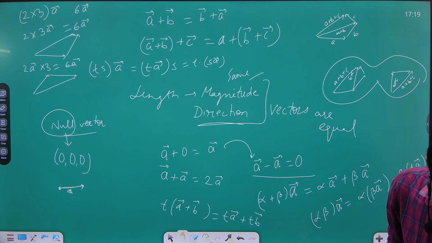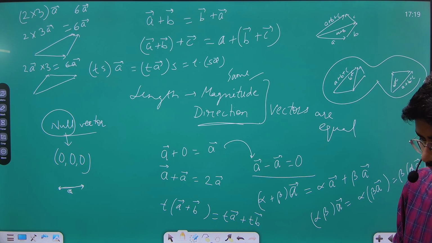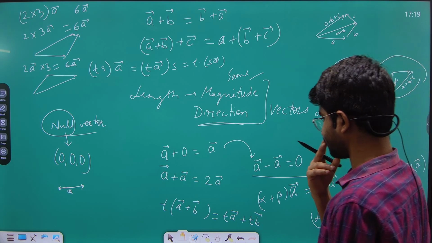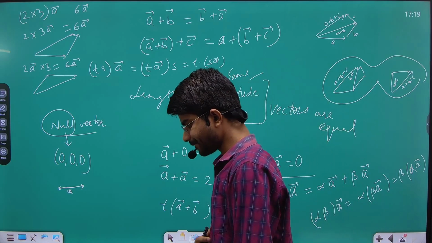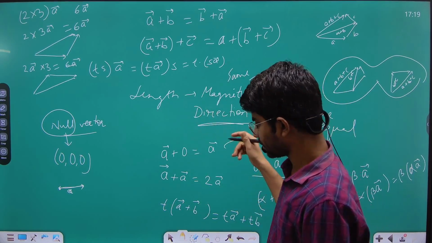So if you multiply it with 1, you get the same vector. So try using this.